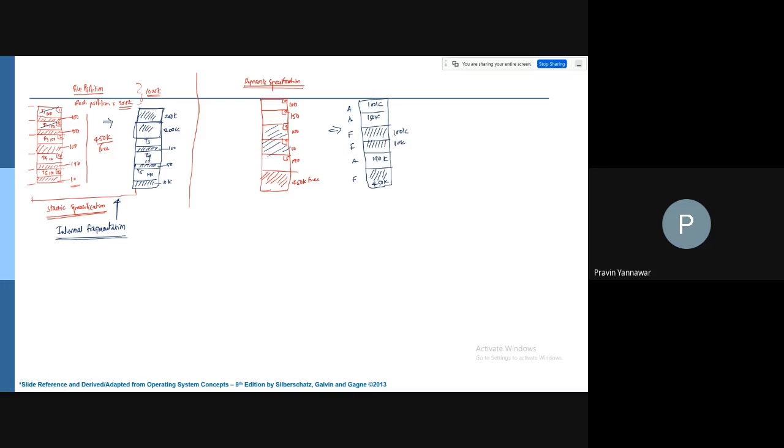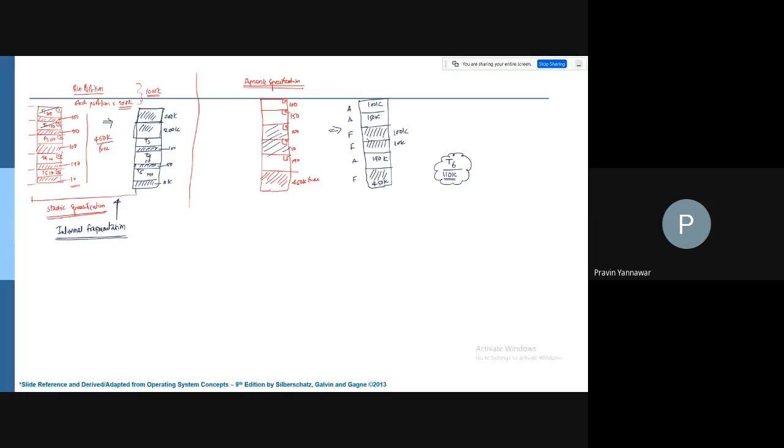Now what I wanted you to understand is, suppose I have a task, say T6, of 101k, or say 110k. Where is this going to get fit?